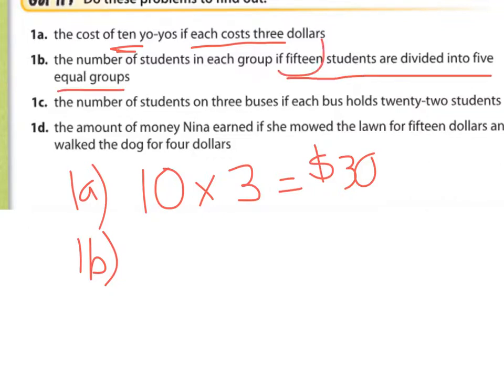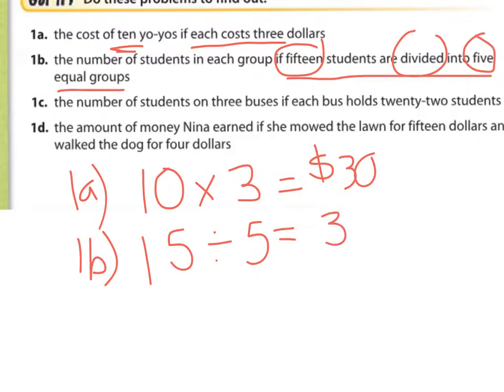So we take our 15 and we divide it by 5. And we know that 15 divided by 5 is 3. So therefore there would be groups of 3 students. We were looking for the quotient, for 1b, quotient.